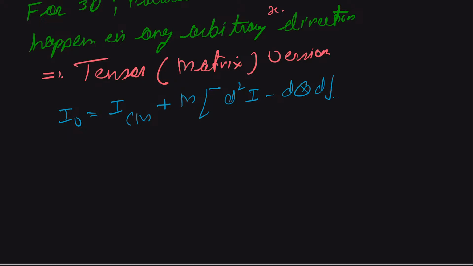So this is called the parallel axis theorem for tensors. And now let us solve the question based on this theorem, or we can use the more traditional way which we are used to.